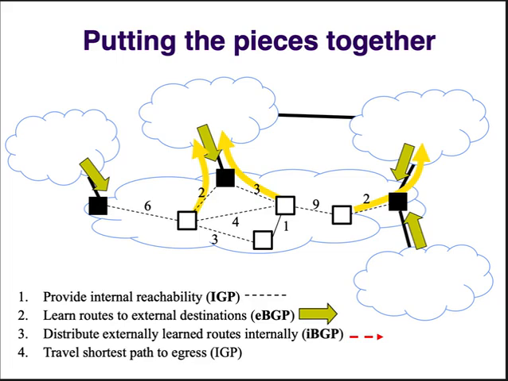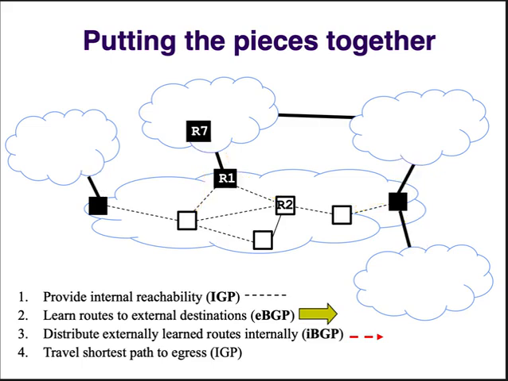So if I take a router, let's say the one that's going on the path labeled 3, the path it's going to follow, if given a destination prefix outside its domain, is it knows from the iBGP session which egress router, the border router in its own domain, it has to exit traffic through to reach that prefix. And it knows from its intra-domain routing protocol how to reach that border router. And so it can reach any destination on the internet.